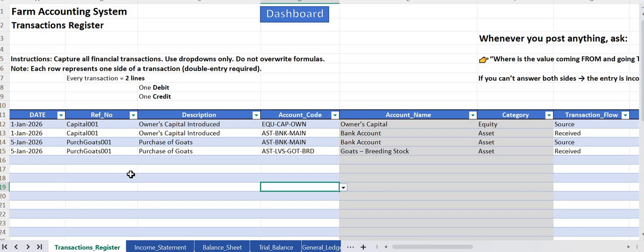Our system is set up in such a way that it can do all those calculations for you and determine the cost, and all you have to do is come and put in the transactions.